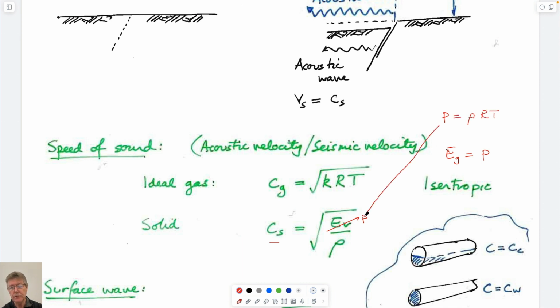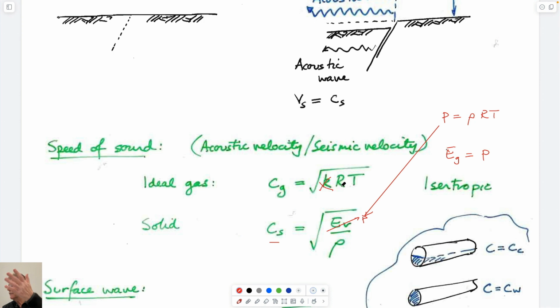And so if you substitute in for this, you get rho RT, and depending on isentropic or isothermal, this K value is 1 or 1.4.